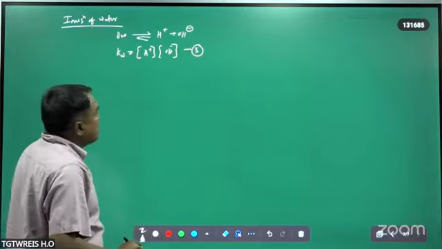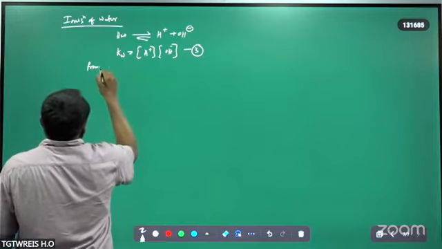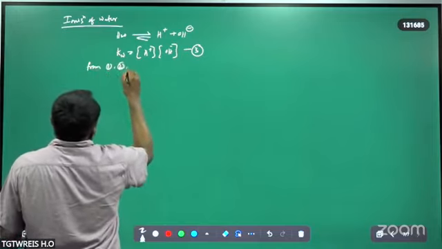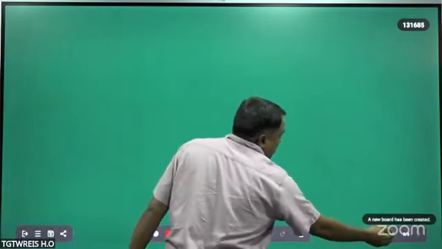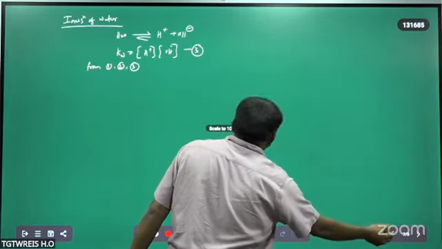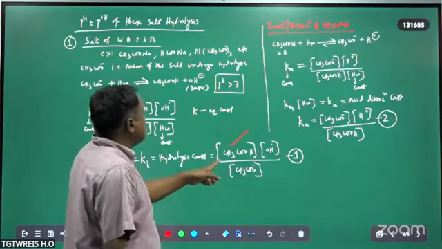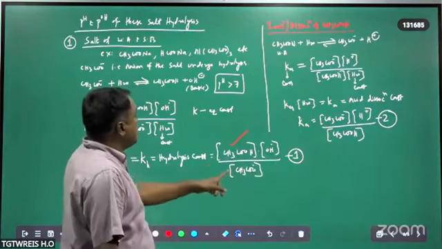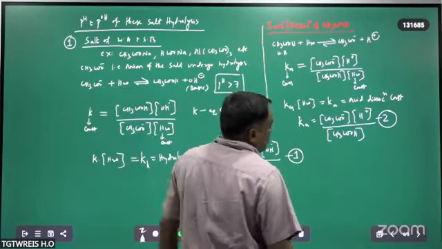By taking equations 1, 2, 3, from 1 to 3. So what is equation 1? Equation 1 is this one: acetic acid concentration into OH minus concentration by CH3COO minus. This is equation 1, and this is equation 2.